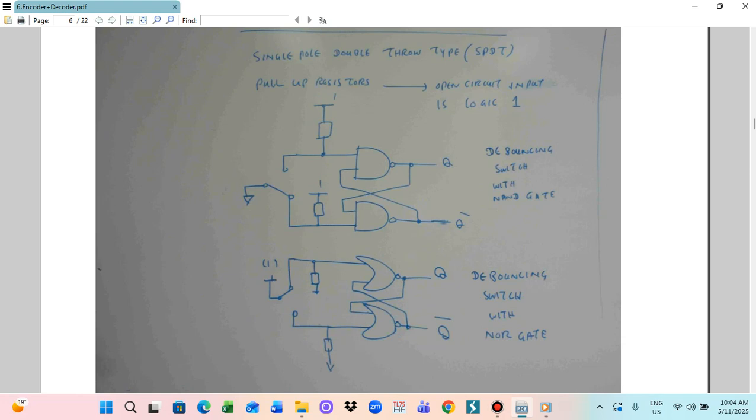NAND gate we use as a debounce switch. Then for the output we use Q and Q bar. So then we utilize this for the 1, and this one will be 1, they are also 1.